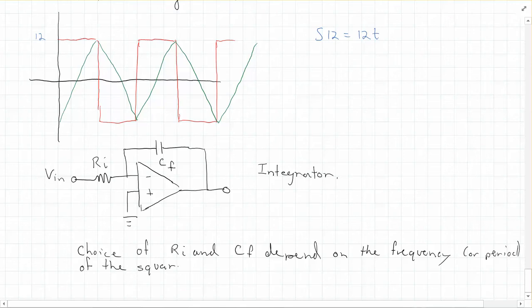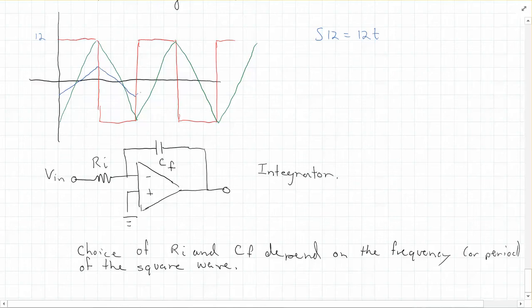What do I mean by that? We need this thing to integrate fast enough. If we don't, what happens instead is you'll still get a triangle wave, but if you don't choose the right values for Ri and Cf, your triangle wave will look more like this blue curve instead.